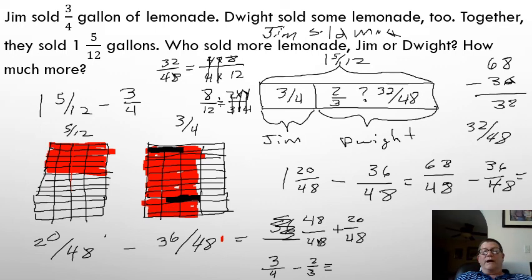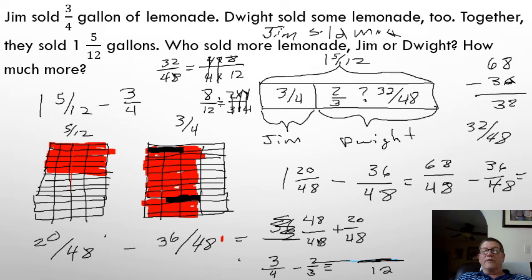Now, hopefully by now, a lot of y'all are seeing the connection, where the way we get a common denominator, when we're making our blocks, we're actually just taking 4 times 3, we're multiplying the denominators, and that is 12. And then up top, we got 3 times 3, because we have to multiply both 3/4 top and bottom by 3.